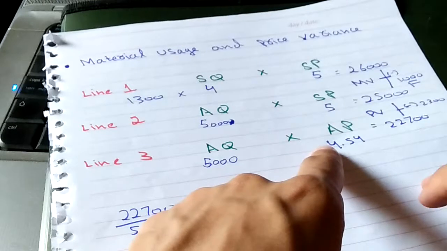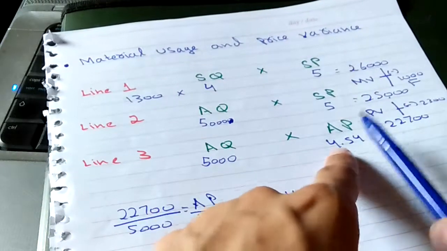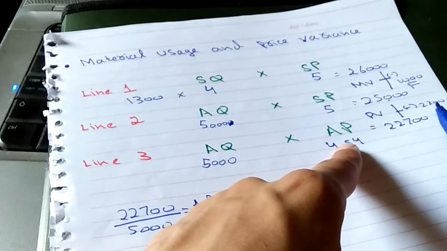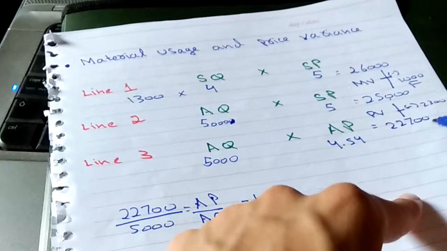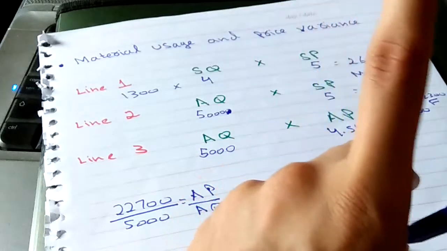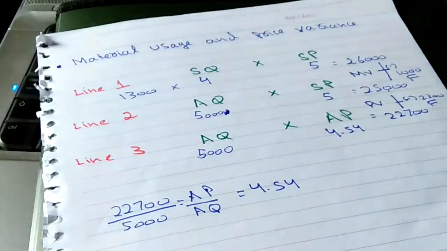So the standard price total is 25,000 and the actual is 22,700. So we have saved 2,300. So this is the favorable result. This is how you can find the material usage and price variance.